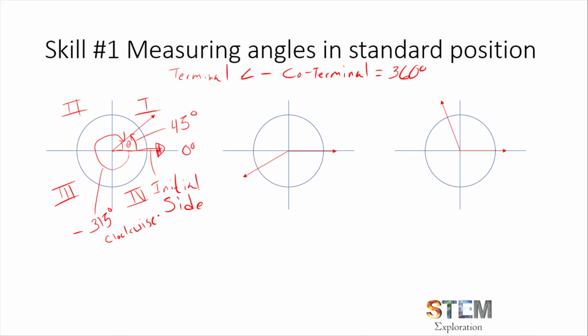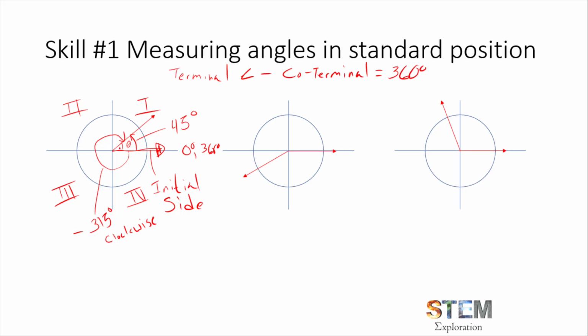So these are some things to keep in mind as we try to analyze this behavior. Remember, the entire circle is 0 or 360 degrees. We have the terminal angle and the coterminal angle, and we can look at some of this behavior.